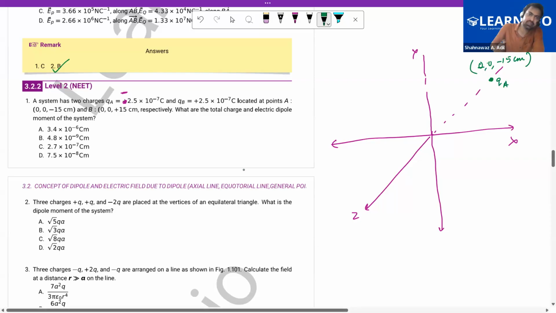And where is QB situated? On the positive Z axis, at the same distance. So this is 0, comma 0, comma 15 centimeter.